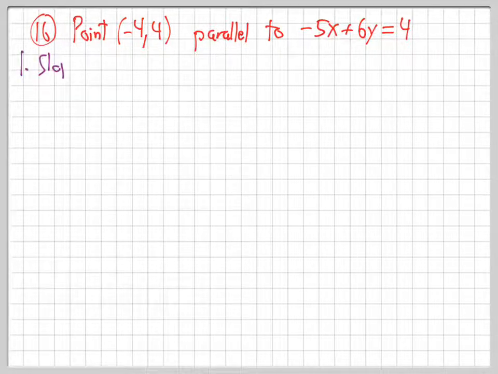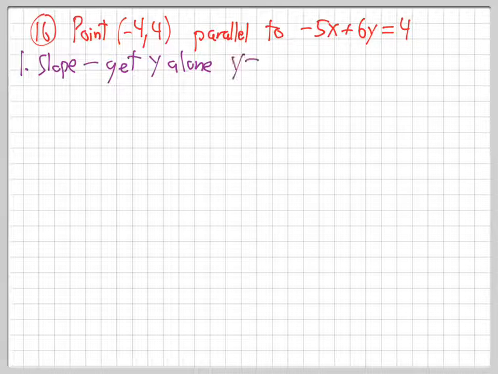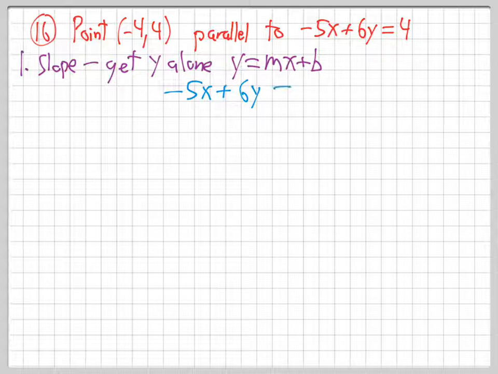So step 1, the slope. Get y alone. Y equals mx plus b. So I take this formula. Minus 5x plus 6y is 4.